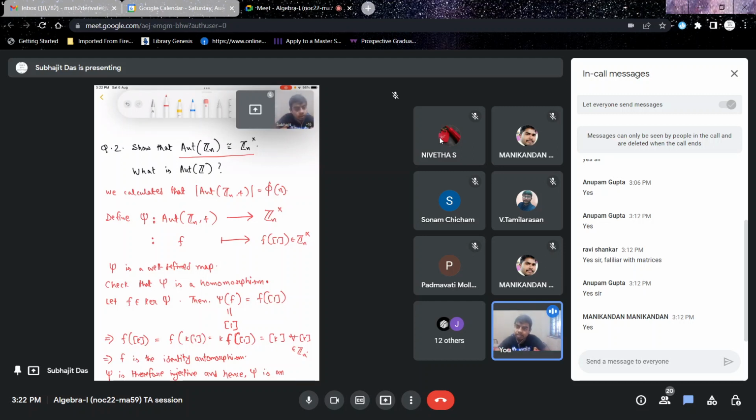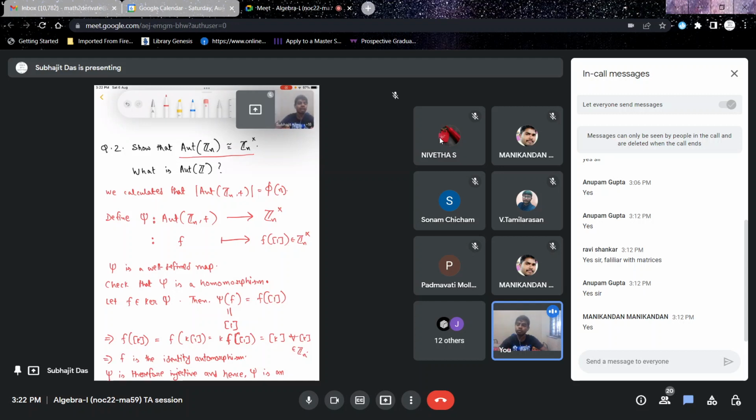So you just find out what the generators of Z are, right? You know that Z is an infinite cyclic group, and Z has two generators. You can either generate Z fully by 1, or you can generate Z fully by -1, right?